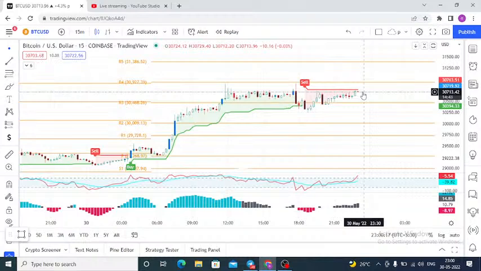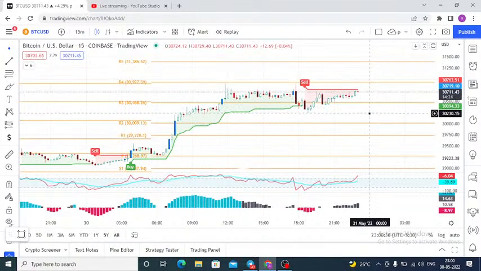Now the thing is, is it worth buying over here? So now a morning star has come. If follow-up candles come downside, and again a small follow-up candle comes downside, then it comes over here again.